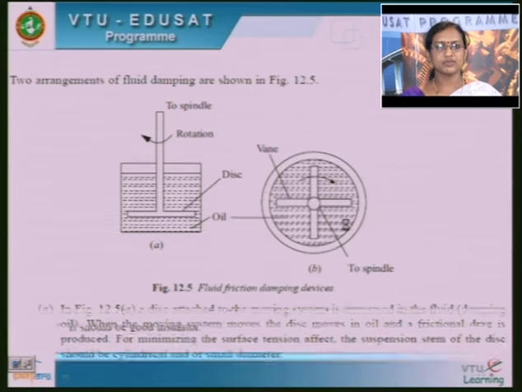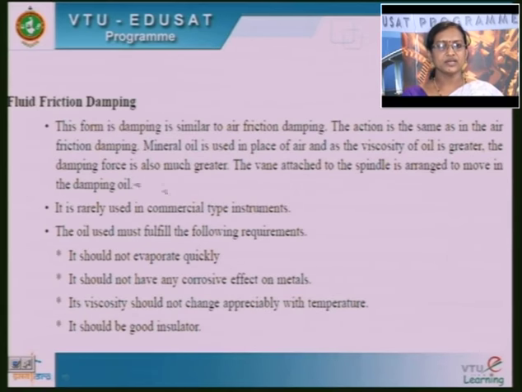This form of damping is similar to air friction damping, and the action is the same. Mineral oil is used in place of air, and as the viscosity of oil is greater, the damping force is also much greater. The vane attached to the spindle is arranged to move in the damping oil.